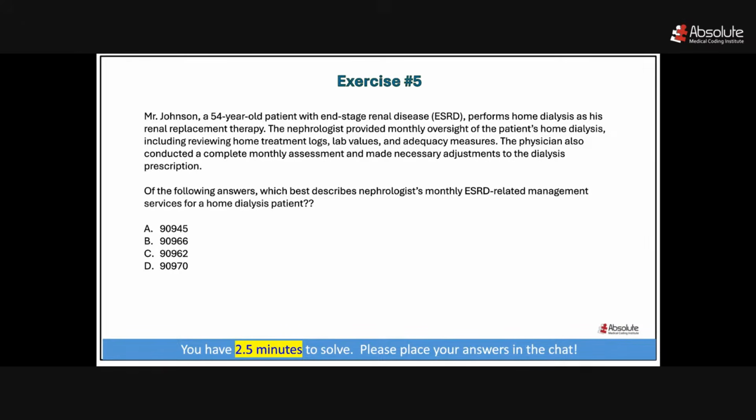Mr. Johnson, a 54-year-old patient with end-stage renal disease, performs home dialysis as his renal replacement therapy. The nephrologist provided monthly oversight of the patient's home dialysis, including reviewing home treatment logs, lab values, and adequacy measures. The physician also conducted a complete monthly assessment and made necessary adjustments to the dialysis prescription.